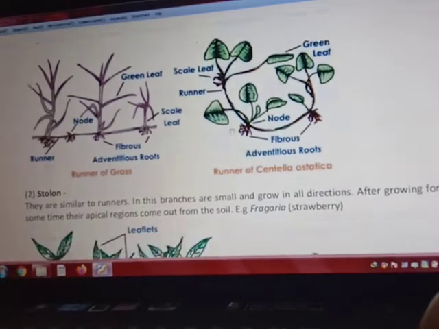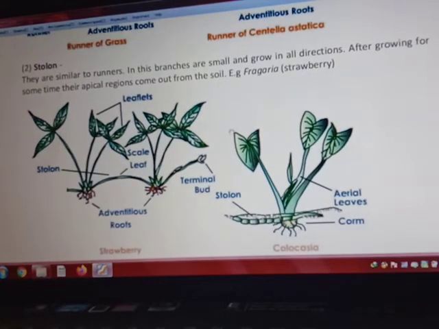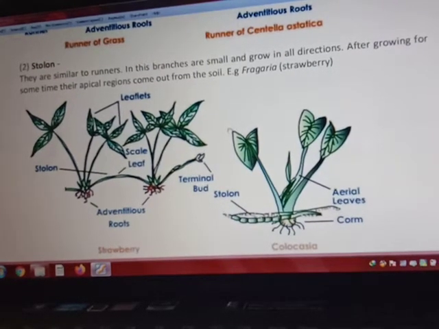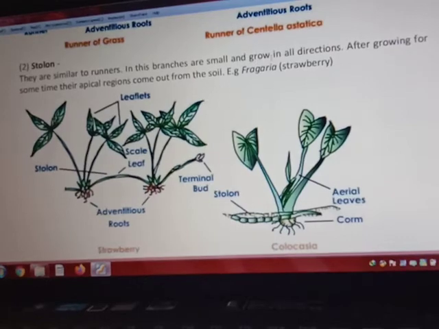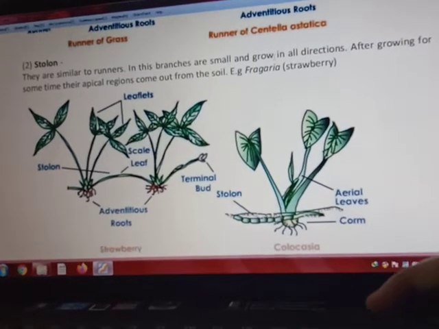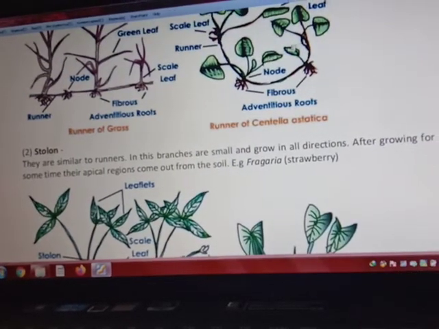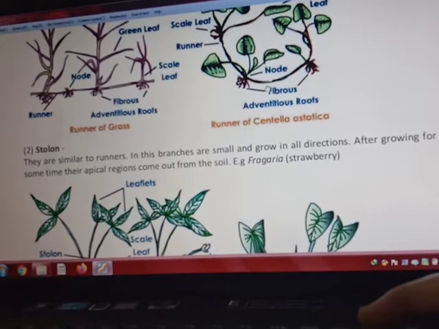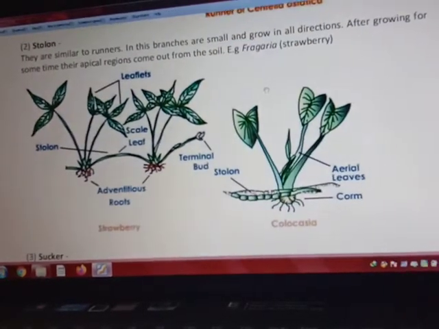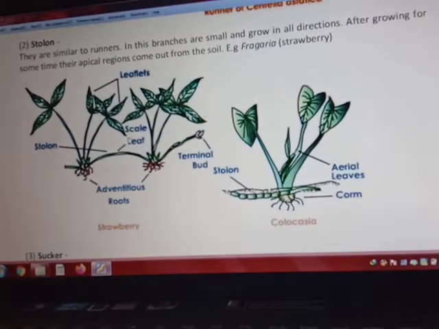Then is the stolon. These are almost similar to the runner, students. Okay, the only difference is that in this, the branches are small and grow in all directions. In case of runner, you can see it grows only in one direction. You can see here. But in case of stolon, these grow in all directions.